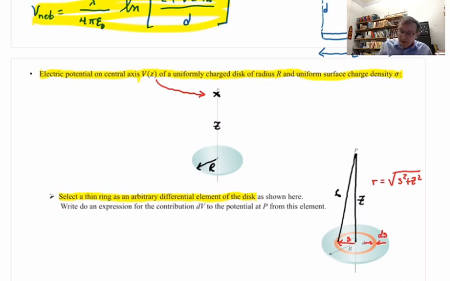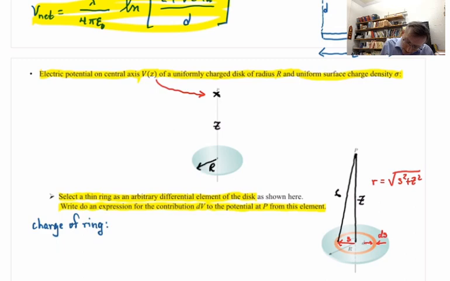All right, so now that we've drawn a differential element, we've chosen a ring, we're going to write down an expression for the contribution dV to the potential at point P from this element, this ring. And probably the first thing we want to do is write down an expression for the charge of that ring.